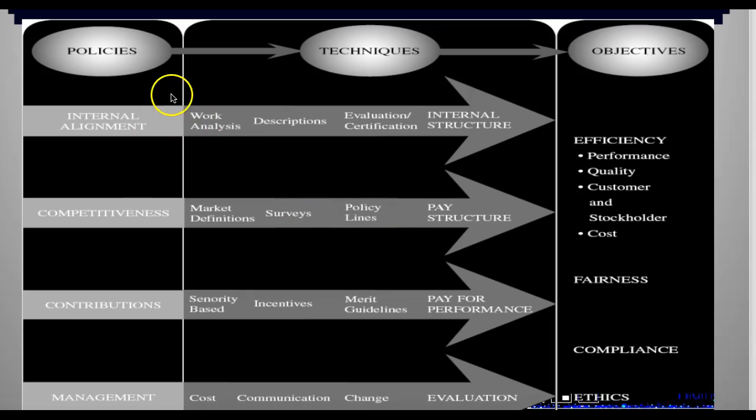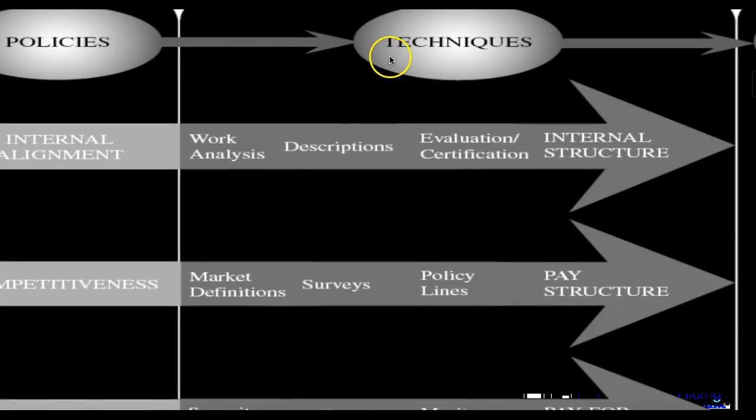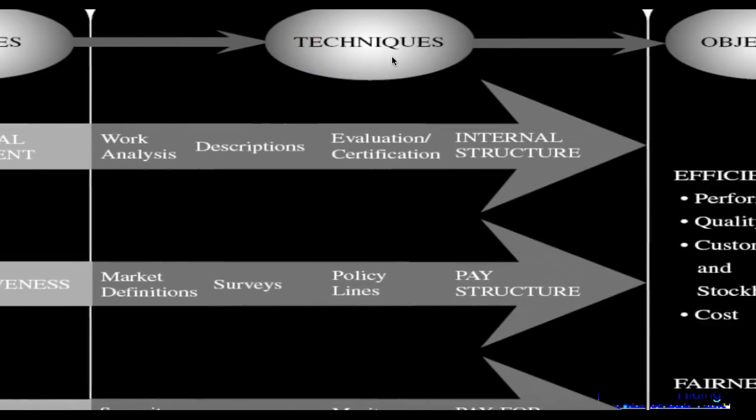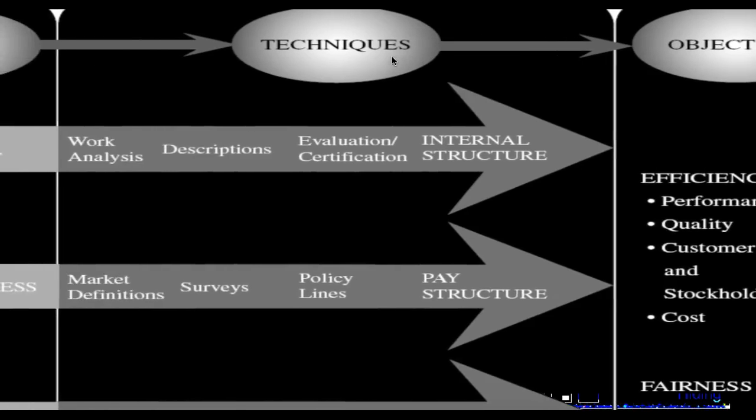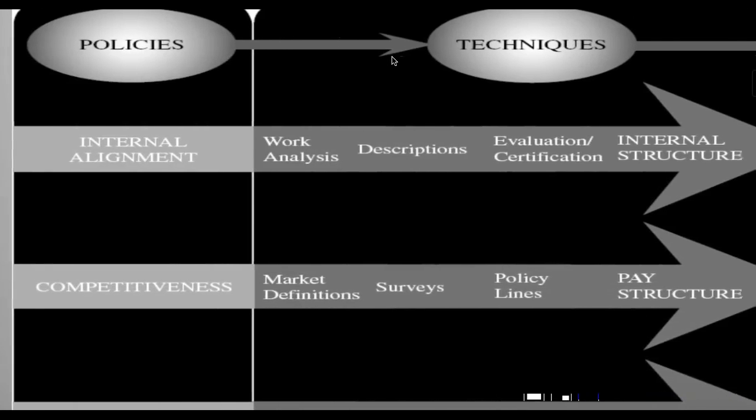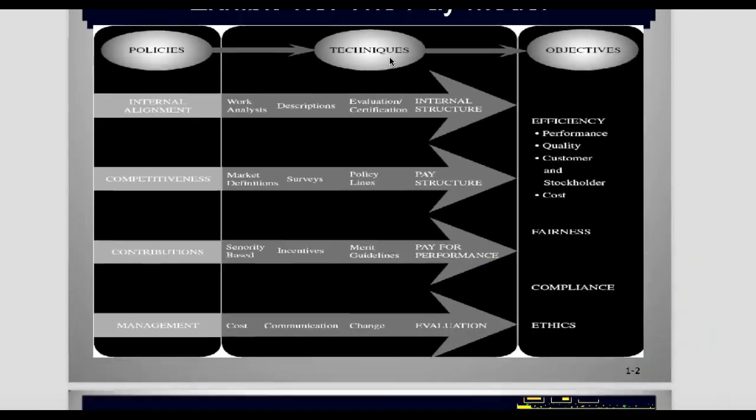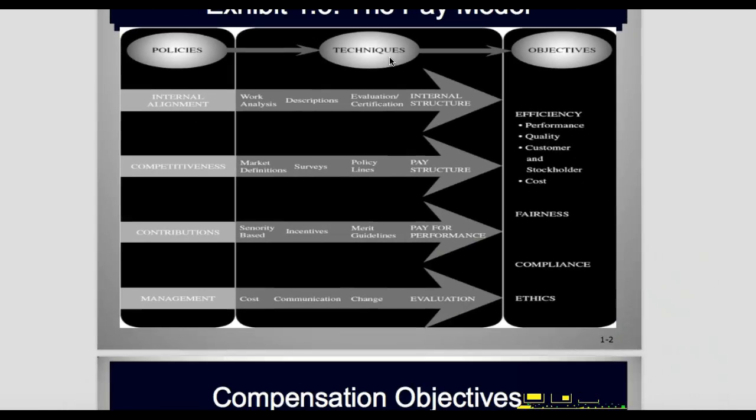And again, just to review: policies, techniques, objectives, that when you're giving advice to your boss on the CEO learning reflection, keep in mind these 3, and I enlarged it for you, these 3 different domains or areas within the pay model.